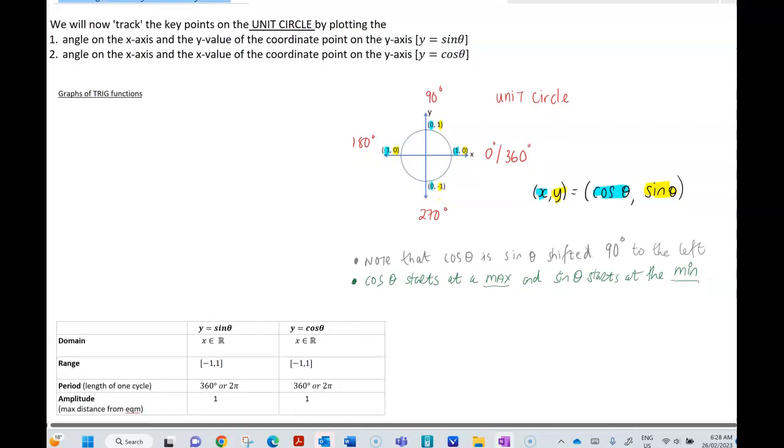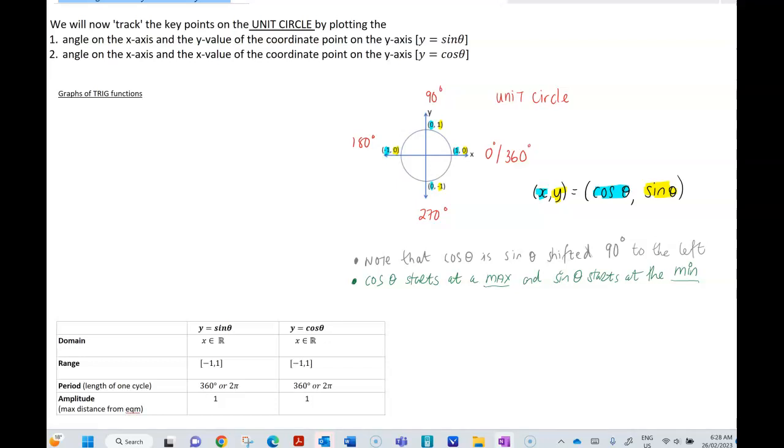Now that you've set up your unit circle, let's have a look at what we're going to do. We're basically going to go from the unit circle and plot key points onto a Cartesian plane. First of all, we'll focus on the graph of sine theta. We're going to take all the y values of the points on the unit circle and put them on the y-axis of our graph.